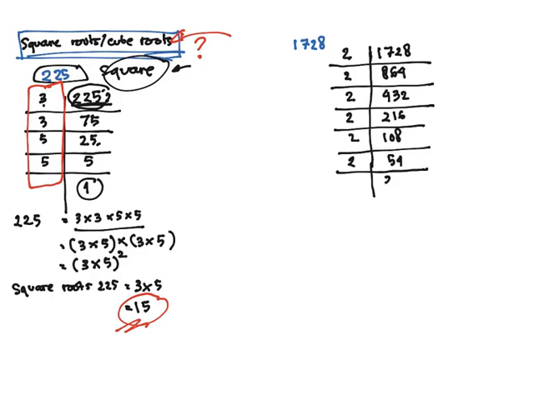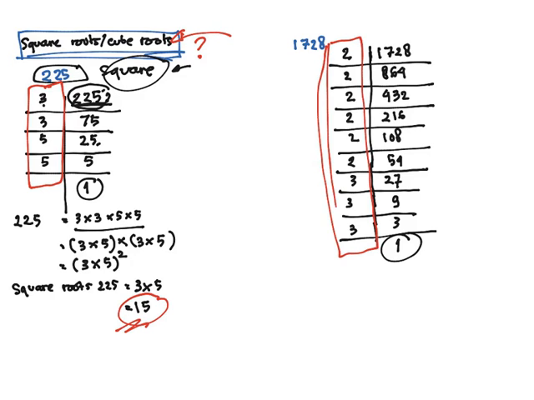And then we get 27. But here 27 cannot be divided by 2. That's why we move to the next prime number, which is 3. We get 9. We divide 9 by 3, we get 3. Divided by 3 again, that's how we get 1. So we already get 1 here. So we all know what's the next step.